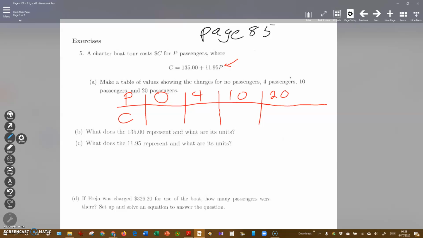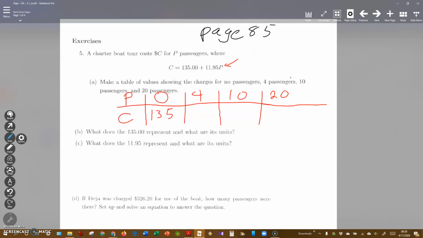In the case of 0 passengers, 11.95 times 0 is 0, plus 135 would be a cost of $135. However, if you think about it, that really doesn't quite make any sense, because if there's no passengers, why would there be a charge? So really that should be 0, but according to the equation, it would cost $135.